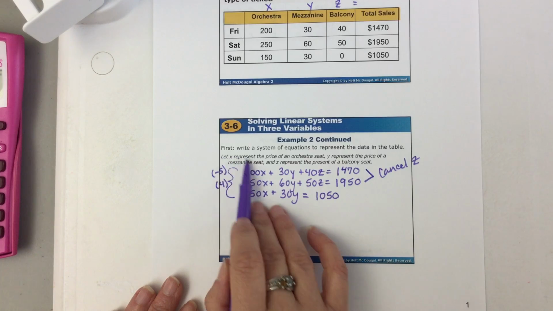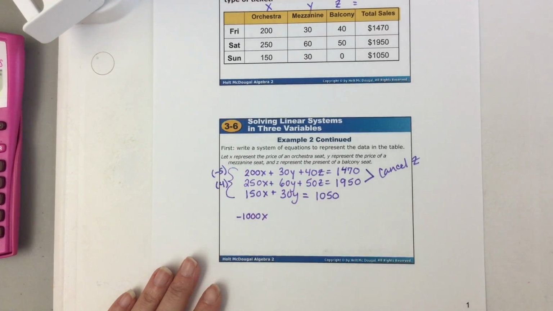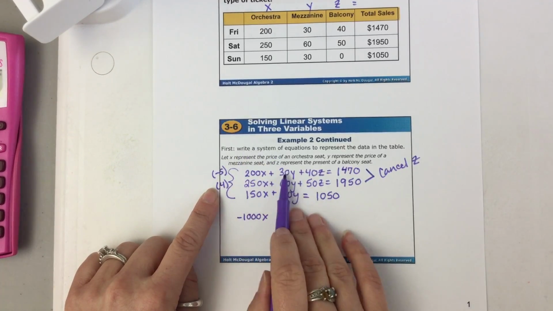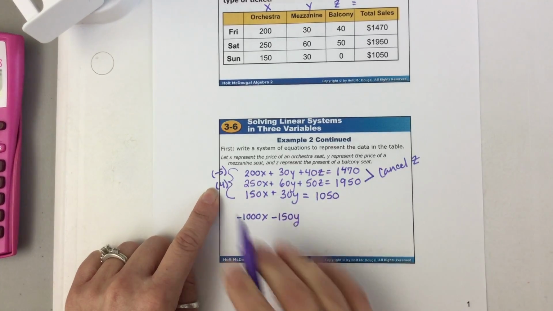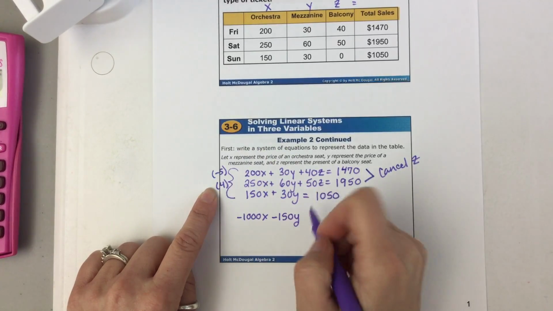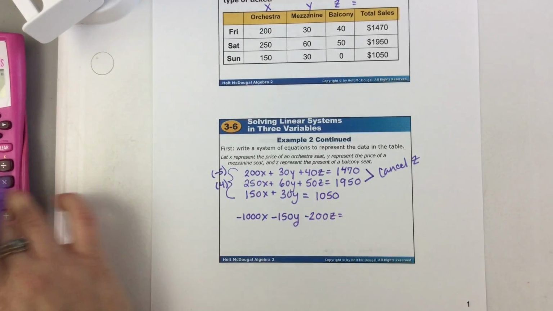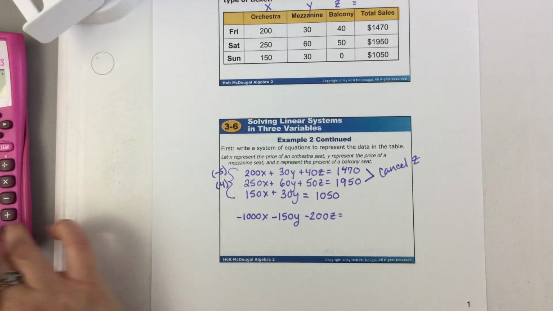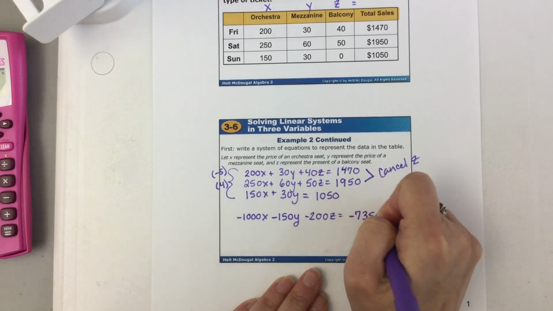If I take negative 5 times 200, it's negative 1,000X. Negative 5 times 30 is negative 150Y. Negative 5 times 40 is negative 200Z. Now, if I take negative 5 times 1,470, I get negative 7,350.